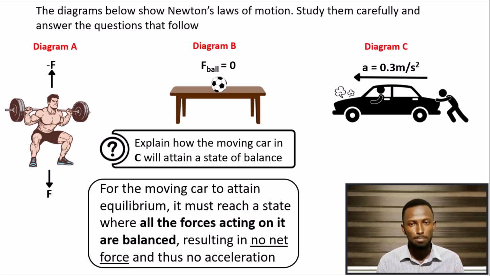If the net force of all of these forces cancel each other out, then we say that the net force is zero, or in other words, it's at a state of equilibrium. It's balanced. So the car will then attain a state of balance. Unless the net force is not zero, then it's not in a balanced state.